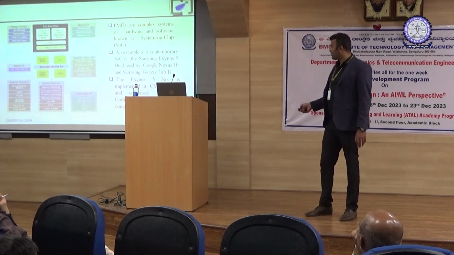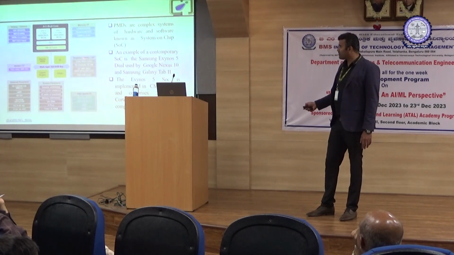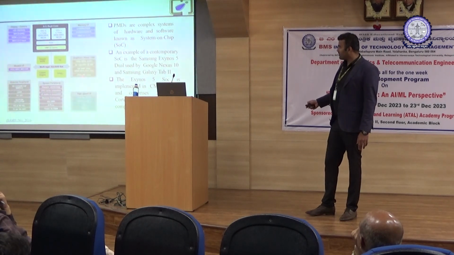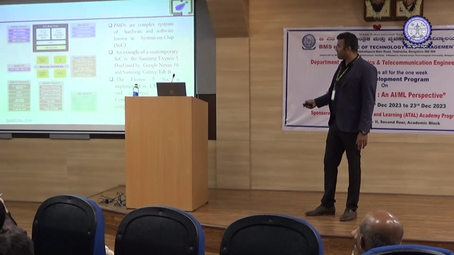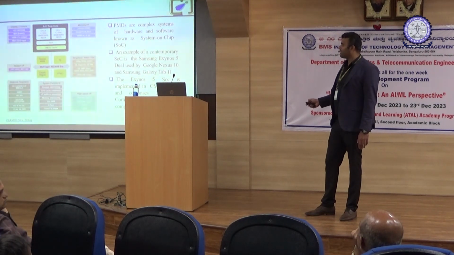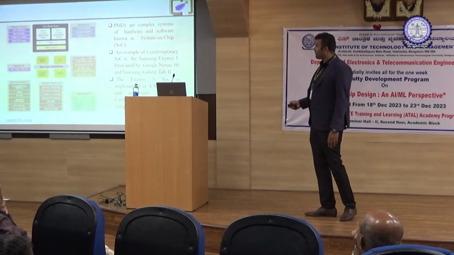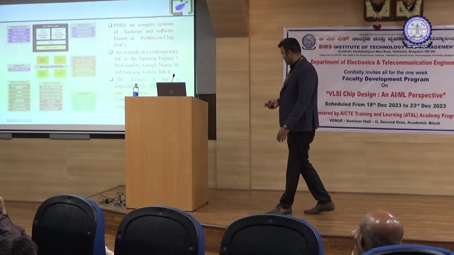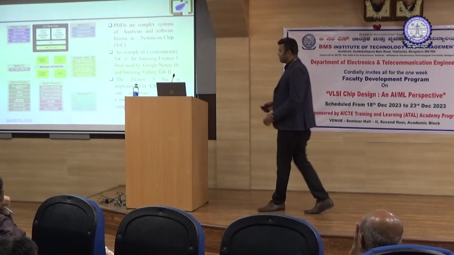So here it is the 32 nanometer technology node, and we are having multiple things inside that Samsung Exynos 5 SoC. So this is one of the examples. We are having everything there, starting from the software part to the hardware part. For everything we are including in this particular SoC, system on chip.